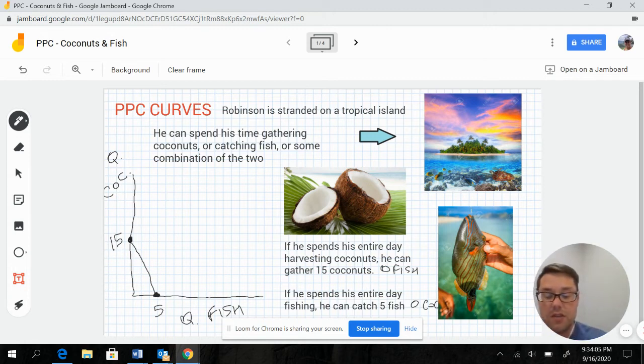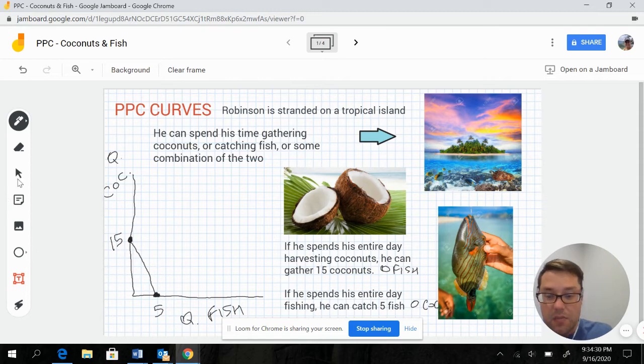It's the total number of combinations, and anywhere on this curve, Robinson could end up. We can figure out where these points are. But anywhere on that curve is a combination of coconuts and fish that he could consume, depending upon where he decides to spend his time and labor.